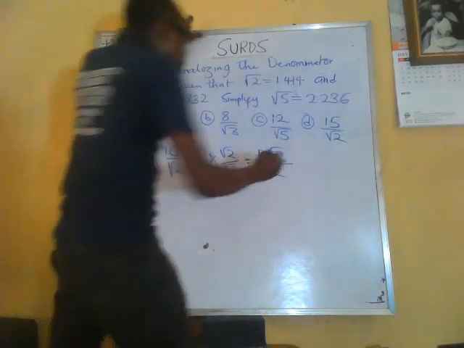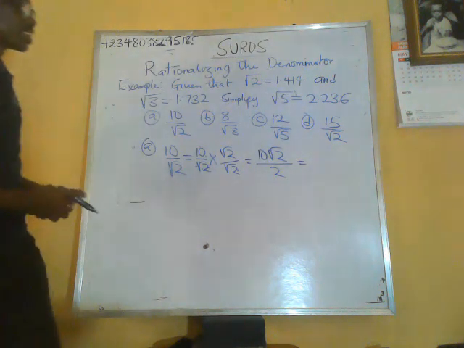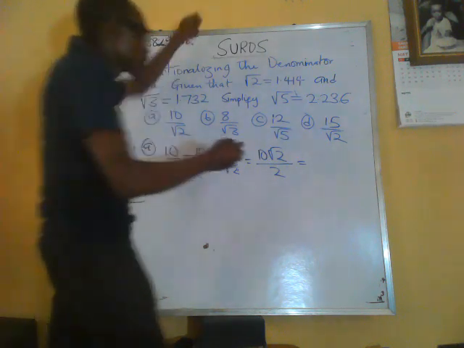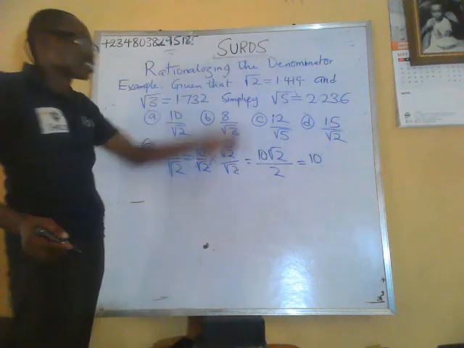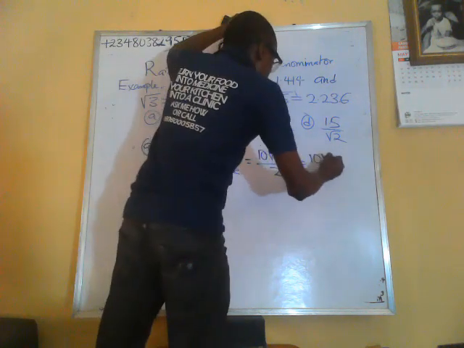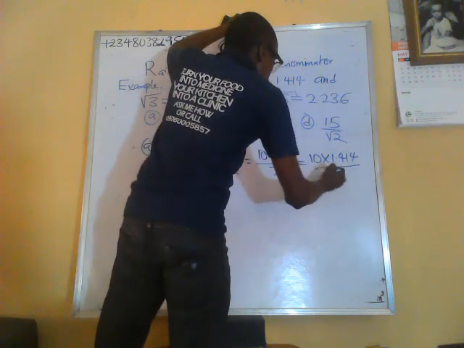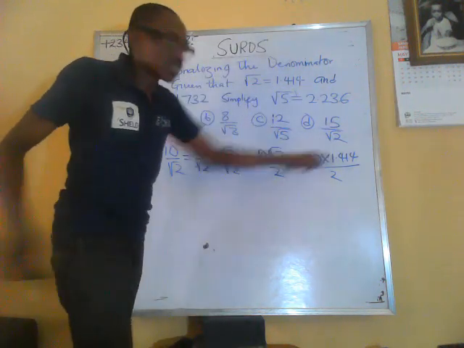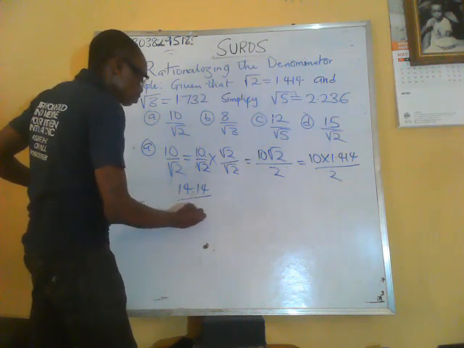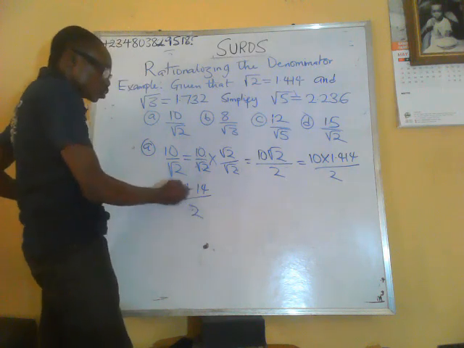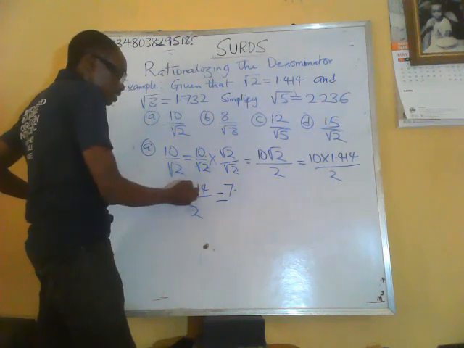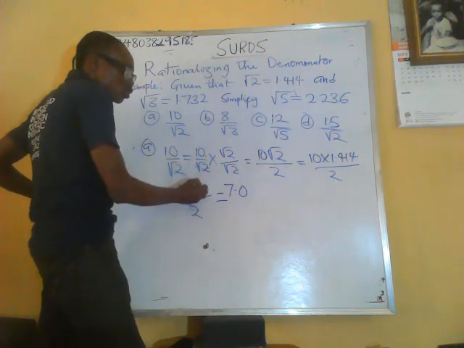So this is what you now have. I don't want to divide straight ahead. 10 root 2 is 10 times 1.414, which gives you 14.14, divided by 2. 2 in 14 is 7, 2 in 1 is 0, 2 in 14 again, 7.